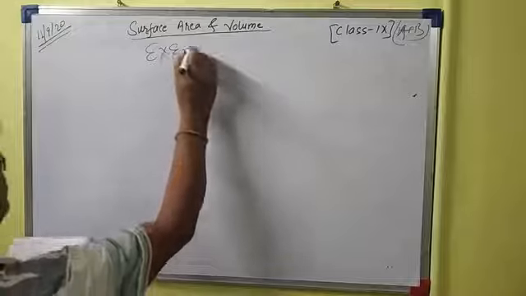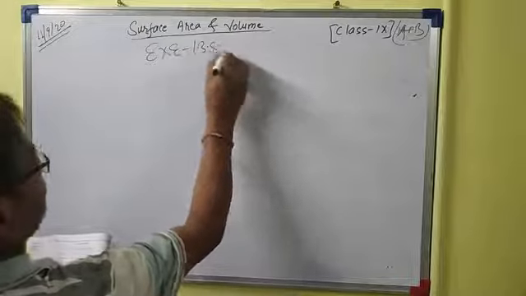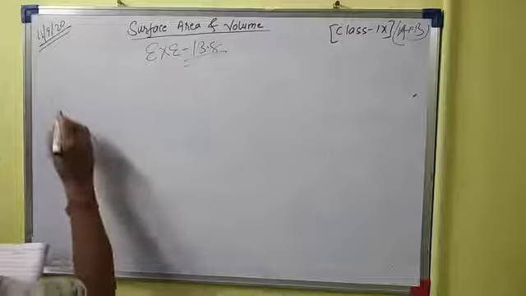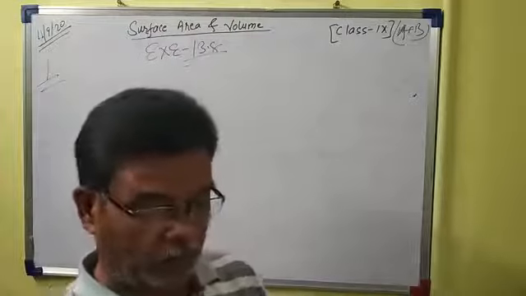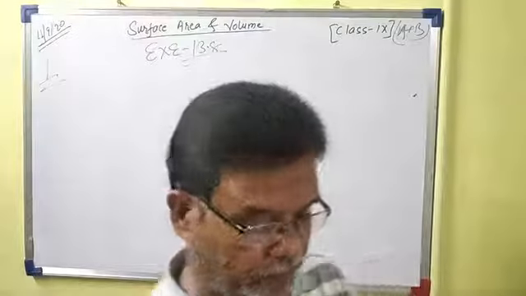Exercise 13.8. Number 1. Find the volume of a sphere whose radius is 7 cm.